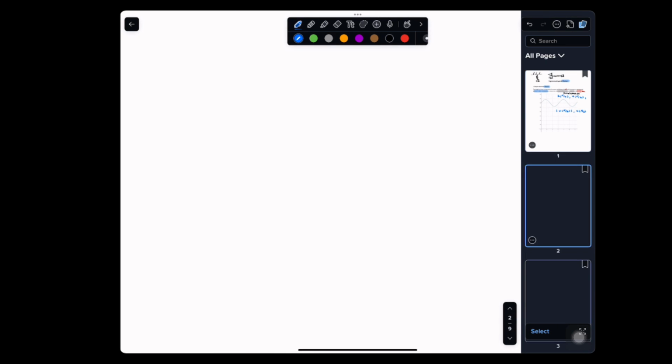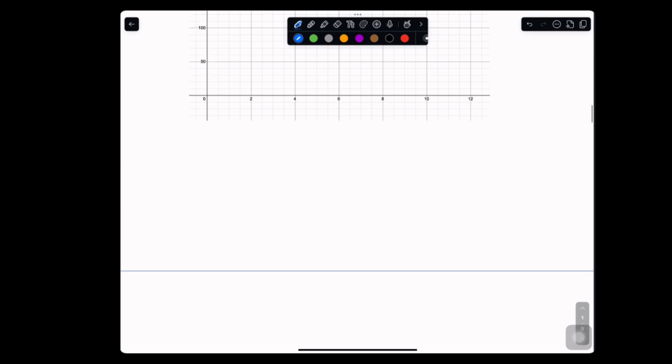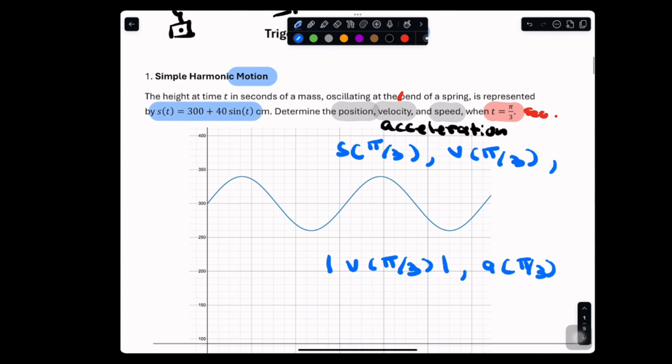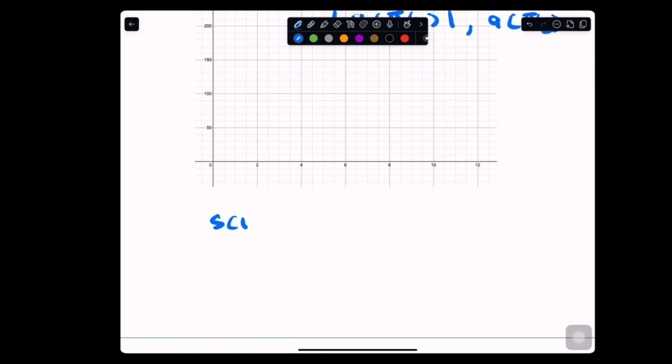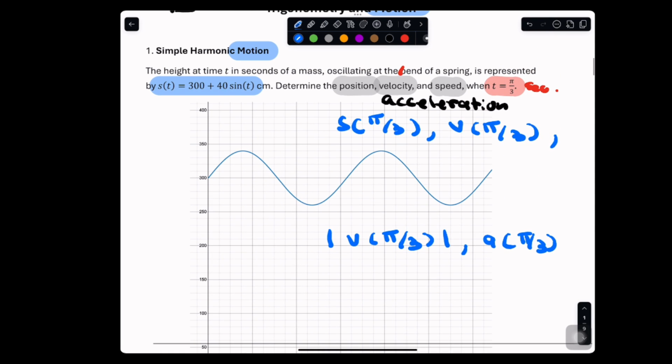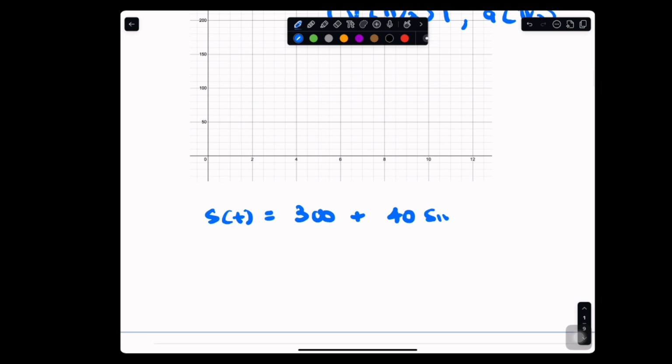How do we do it? Do you guys know? You start with a position function. Your position function, s of t, is what? 300 plus 40 sine t.